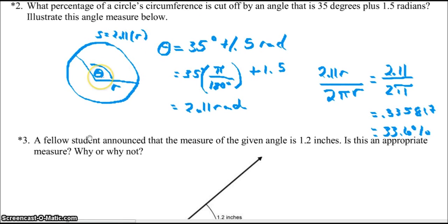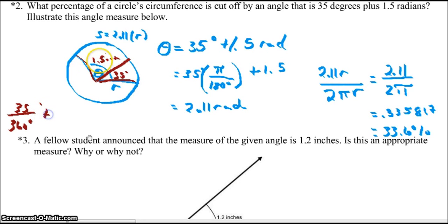The book has an interesting alternative solution. They noted that we could cut off this piece of the angle, that's 35 degrees. This other one right here is 1.5 radians. Now 35 degrees cuts off 35 over 360 of the circle's circumference.